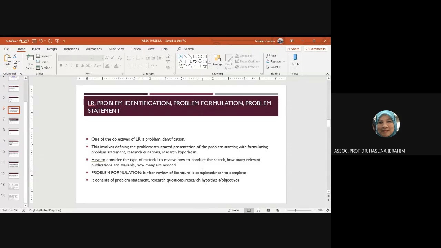But that is not necessarily so, in my opinion. Even though at the department, especially my department, one of the committee members says 40. Yeah? For me, if you read 40 but you do not read the right literature, then you will not be able to find the problems well. Yeah, you will not be able to identify the right question.